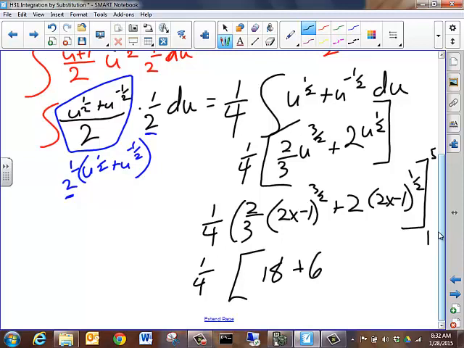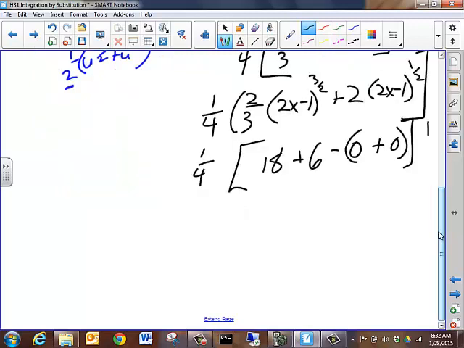What happens when we put 1 in here? 2 times 1 is 2 minus 1 is 1. So everything's going to go to 0 back here, isn't it? Or not for the second one. 2 times 1 is 2 minus 1 is... So 0, when I evaluate it at 1, I get 0 plus 0. So I've got 1/4 of 24.